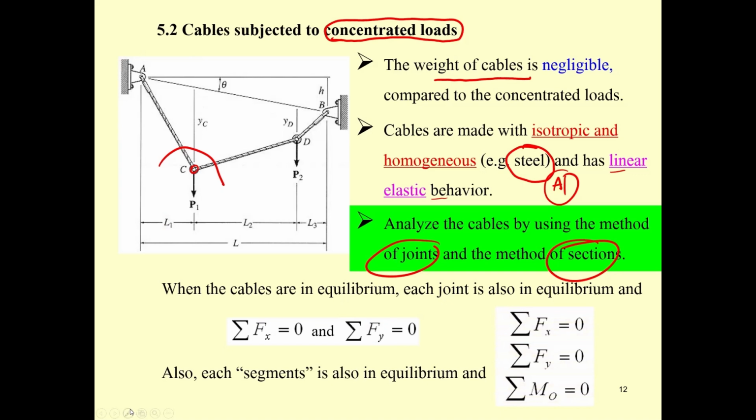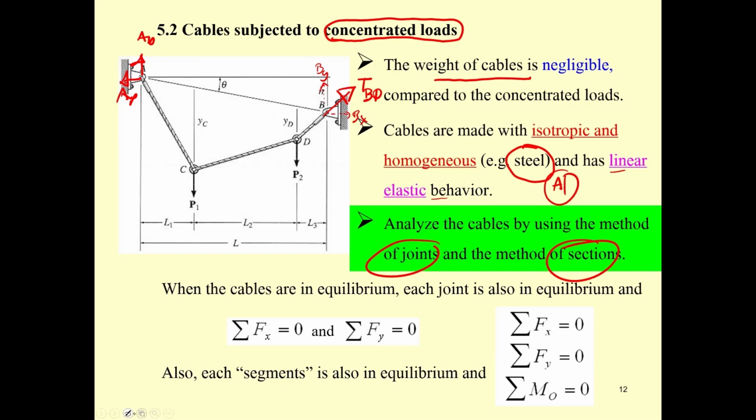But if you consider the whole cable, you may think this is going to be T, then this is A sub X and A sub Y. And since this is a cable, if you cut it, this may be T sub BD. No need to separate this one into B sub Y and B sub X.